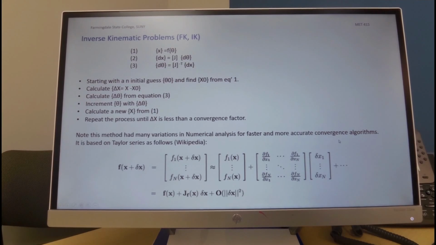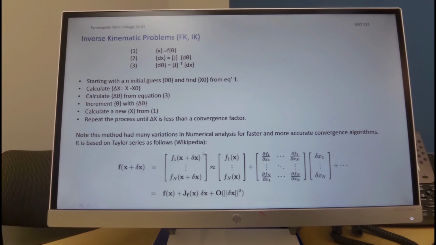The algorithm is based on Taylor's series, which says that any function can be approximated at a point plus an increment to that point, delta.